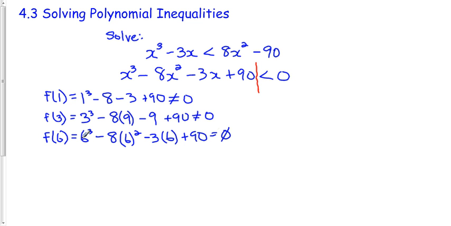So if f of 6 gives us 0, the remainder theorem, or the factor theorem, tells us therefore x minus 6 is a factor.